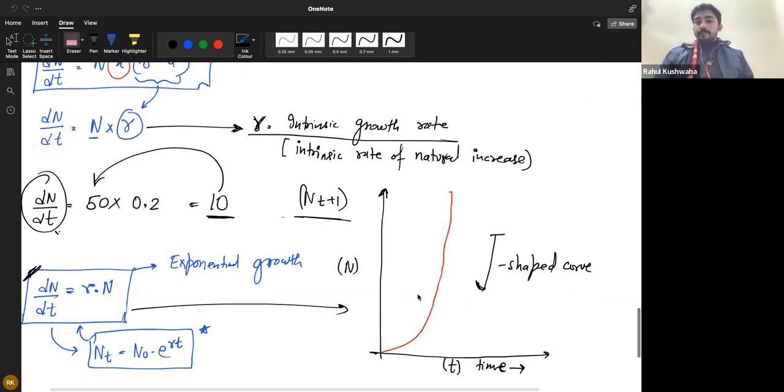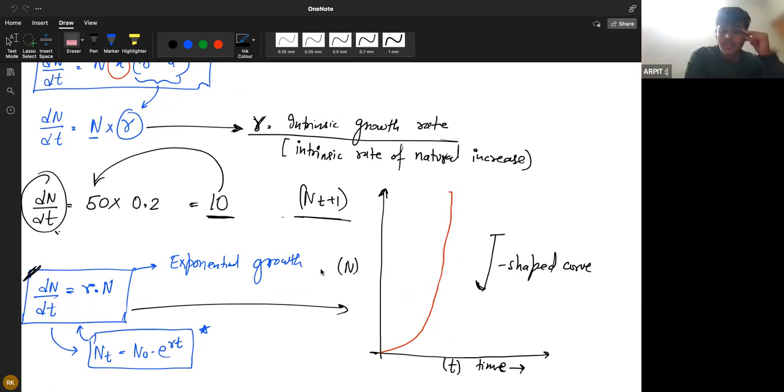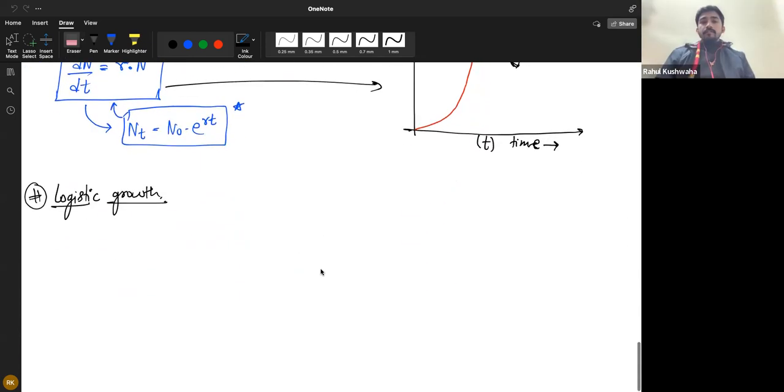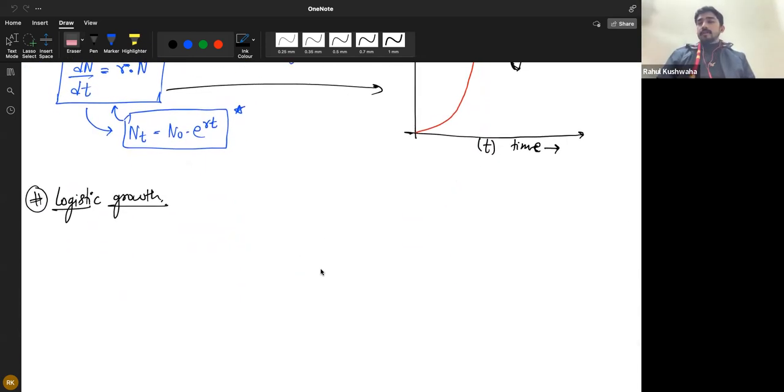That's why we get this J-shaped curve when we plot N versus t, because it exponentially just keeps on increasing. I also told you that this kind of model is not ideal in a natural environment, because in nature, howsoever unlimited resources may seem, there is always a limit. It may seem limitless in the beginning.